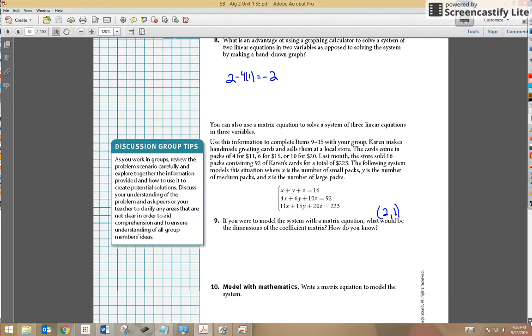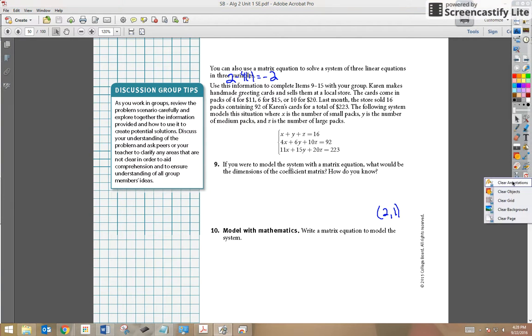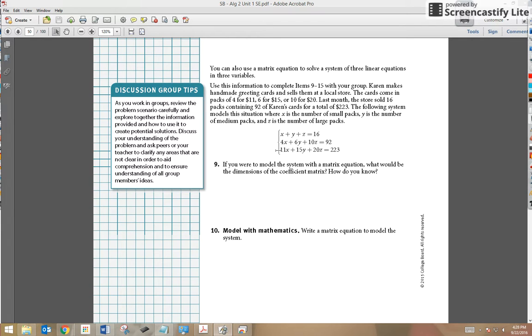All right. And we can also solve systems of equations where there are 3 equations and 3 variables, quite similarly to the way we just did the two equations with the 2 variables.